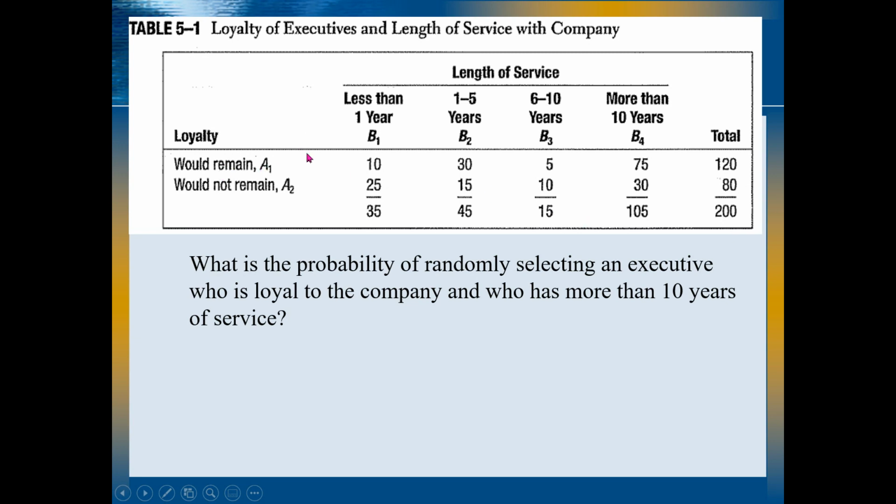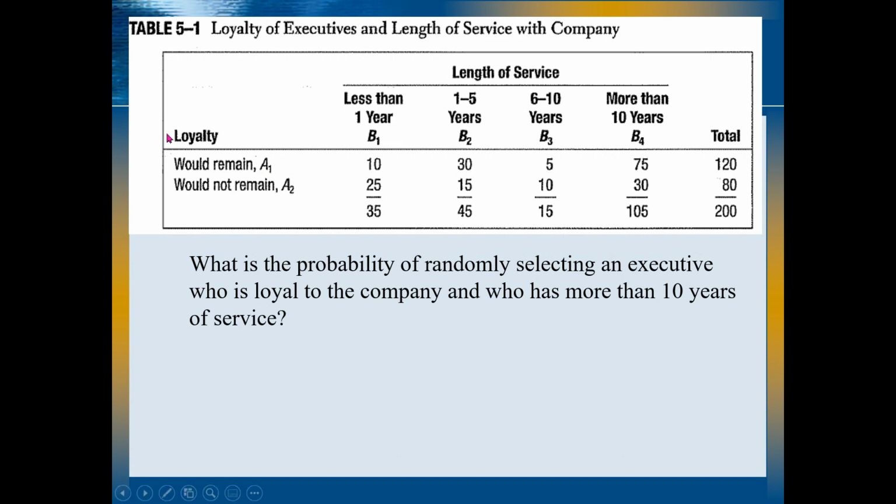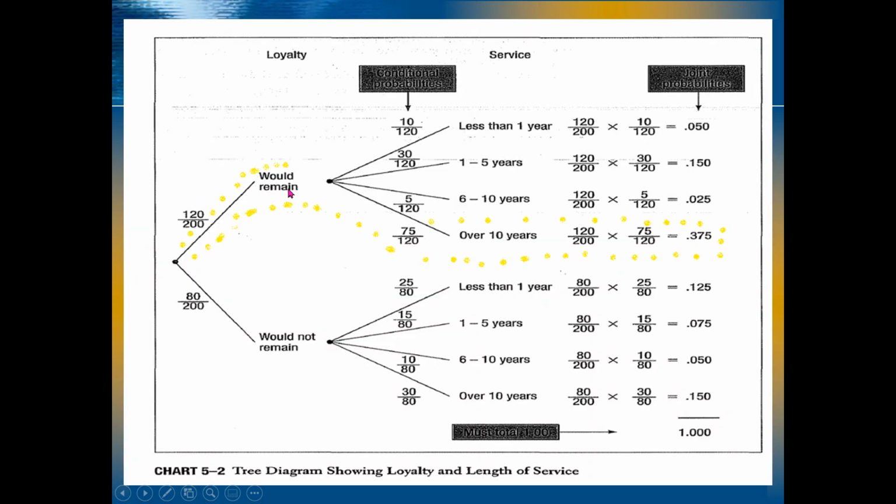By the way, before we actually solve different questions, it's very handy to draw a tree diagram relevant to this question. In terms of loyalty, there are two possible outcomes: would remain loyal and would not remain loyal. So I draw the tree diagram, starting with two branches. What is the probability of remaining loyal?